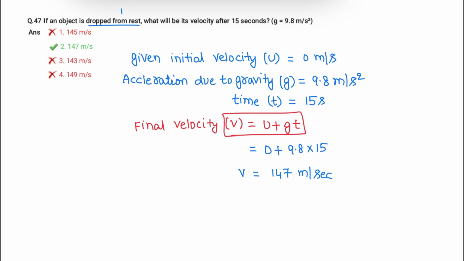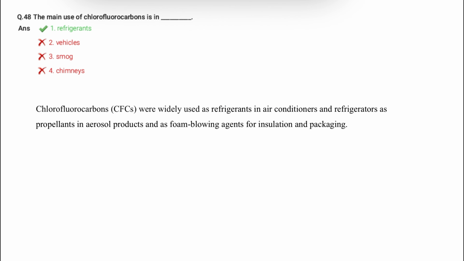Here initial velocity u is 0. Time period is 15 seconds. The acceleration due to gravity g is 9.8 meters per second square. So on calculation, v is equal to 0 plus 9.8 into 15, that is 147 meters per second. After 15 seconds, the velocity of the object is 147 meters per second.